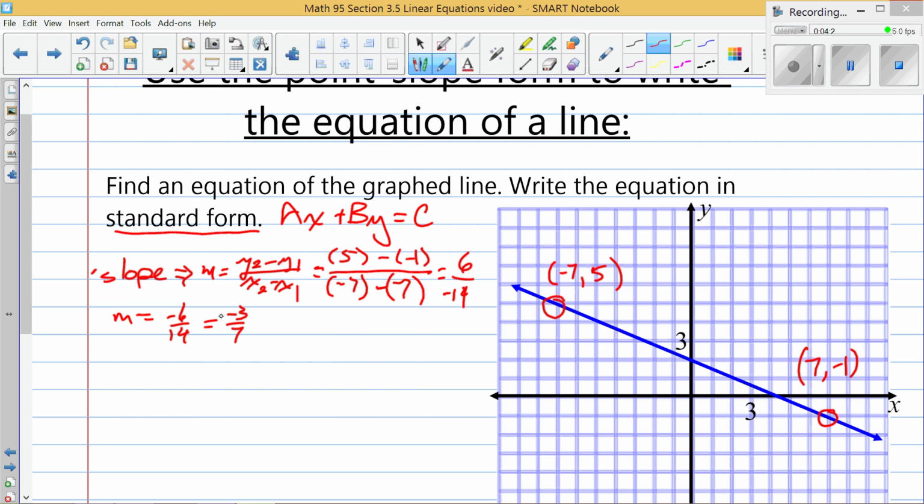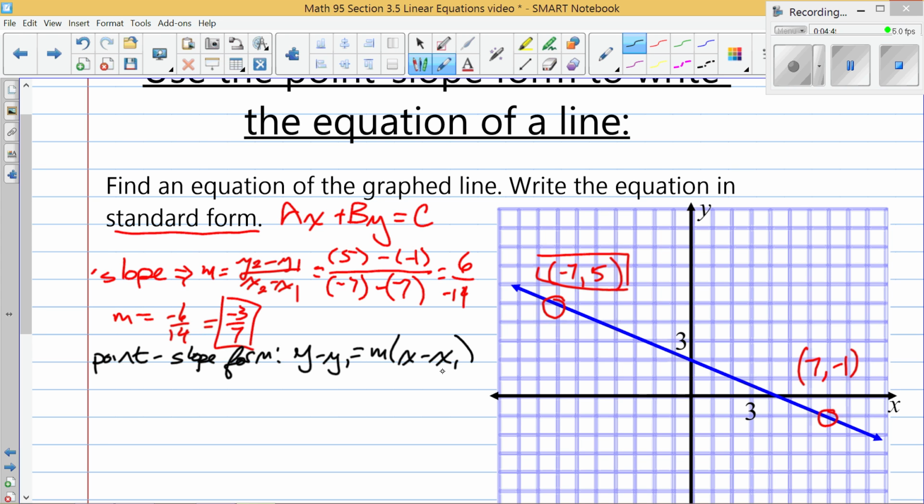So we have gotten our slope. And now we want to use one of our 2 points to plug into point-slope form. So again, I'm just going to use the -7, 5. Point-slope form was y minus y1 equals m times x minus x1.